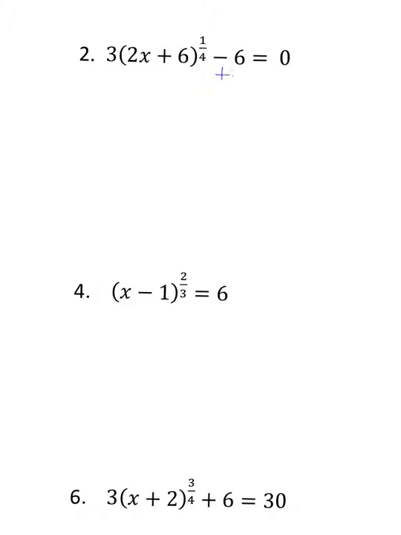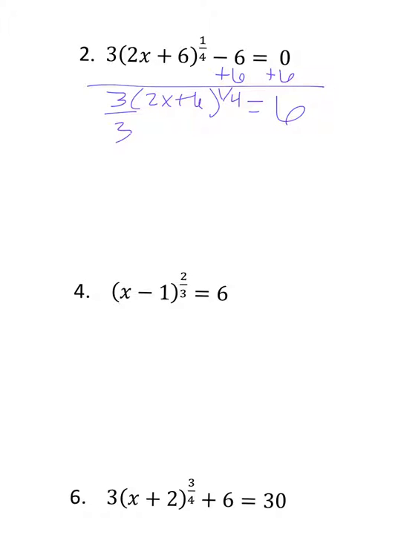So we're going to add 6 to both sides and be left with 3 times 2x plus 6 to the 4th equals 6. And then we're going to divide by 3. And then we have 2x plus 6 to the 1/4 equals 3.